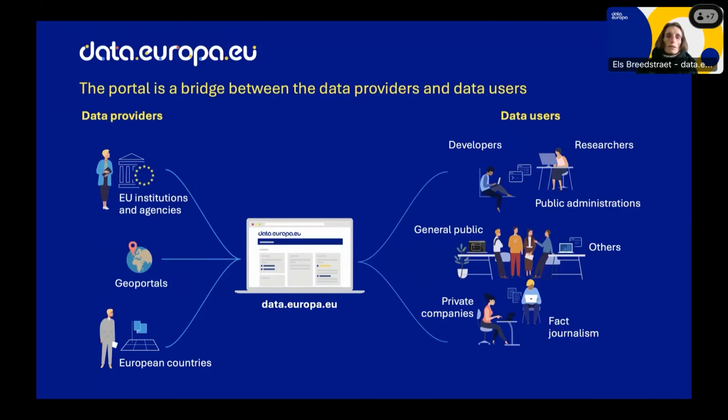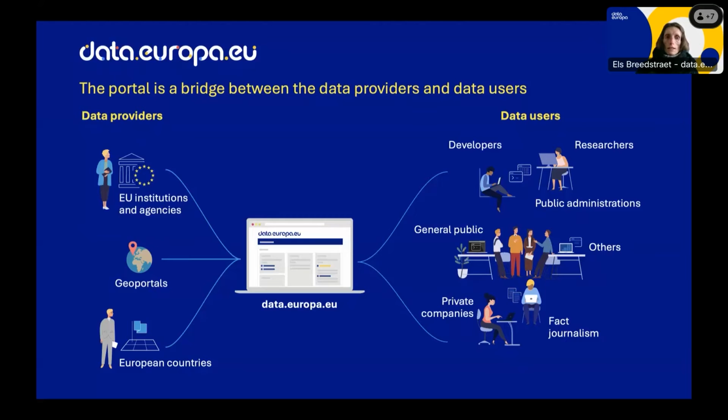And this picture, I think, gives a very nice overview of how it works all together. As you can see here, data.europa.eu, the portal with all the data, is in the middle. And this way, it connects on the one side the data providers, on the other side the data users. These data providers, as I said, can be public administrations on all levels in the EU or in European countries.